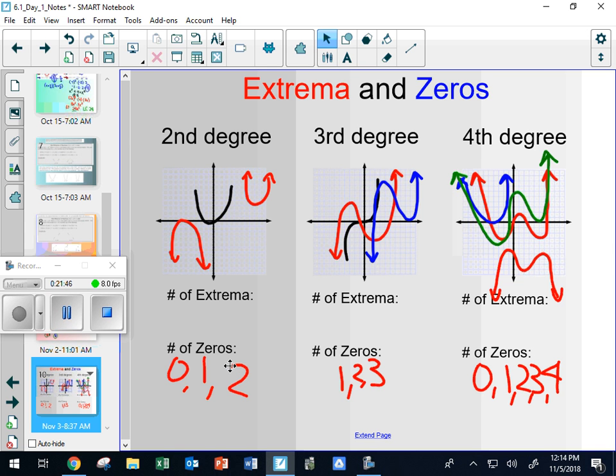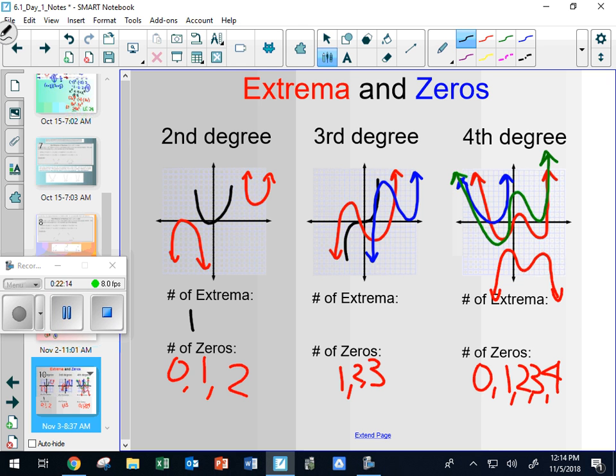All right. Now the idea of extrema. Extrema is just another way of saying what are the local maximum and minimum. All right. So just looking at our different parabolas in the second degree section here, how many extrema do we have? It's just 1. And depending on whether the parabola is facing downwards or upwards, it's a maximum or a minimum.